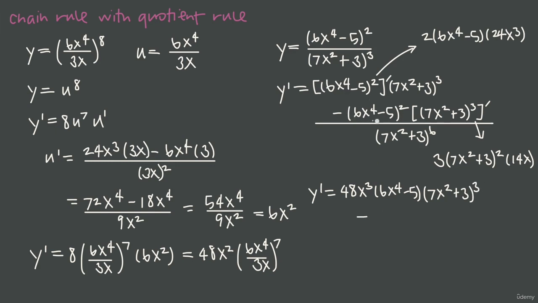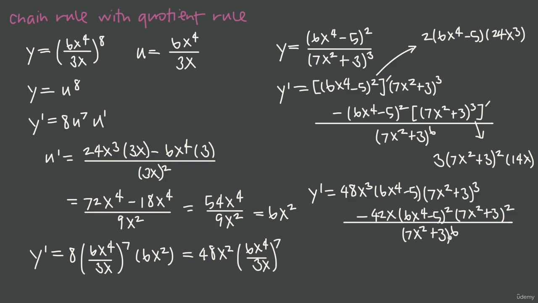We'll have this factor here, but down here we have 3 times 14 is 42, so we get 42x. Then we have this factor here, (6x^4 - 5)^2, and then this factor here, (7x^2 + 3)^2. That's our entire numerator. And then in the denominator, we have (7x^2 + 3)^6.